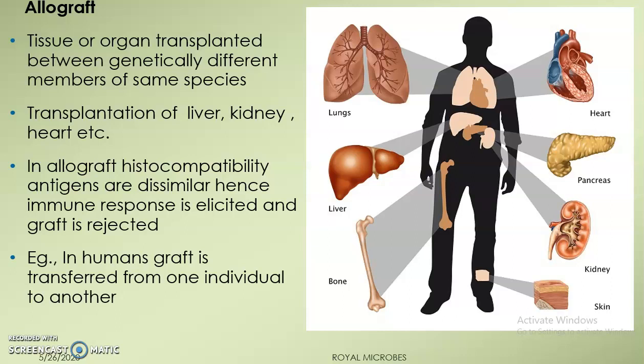Nowadays, graft acceptance is increased by employing some immunosuppressive drugs. And this is the most important and most widely used type of transplantation in the medical field. All these organs can be transferred from one person to another.